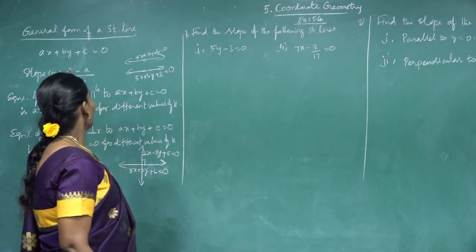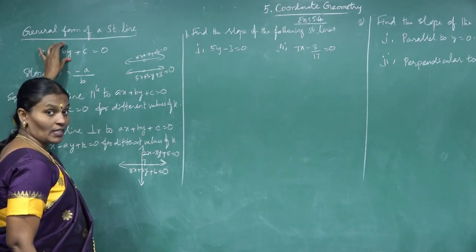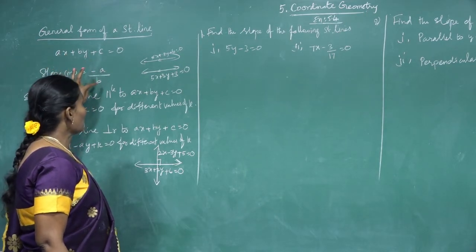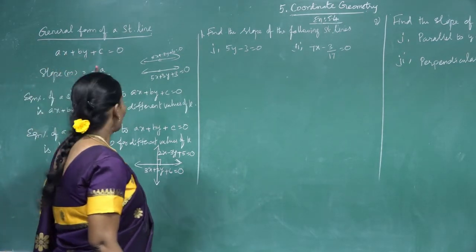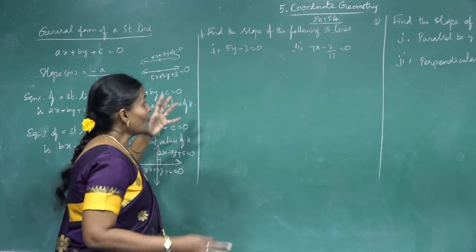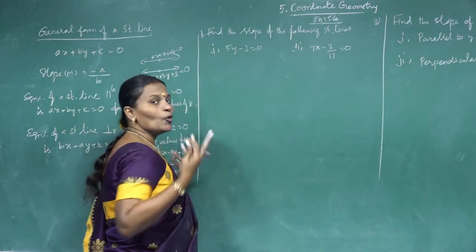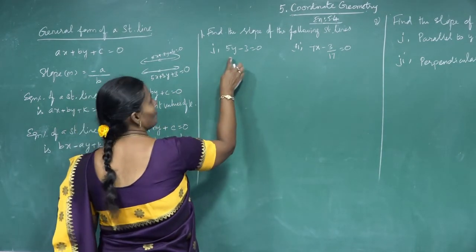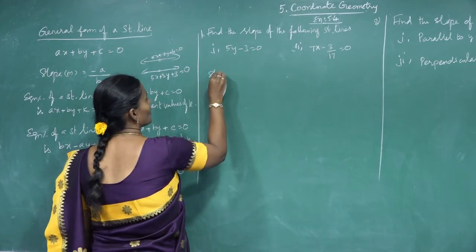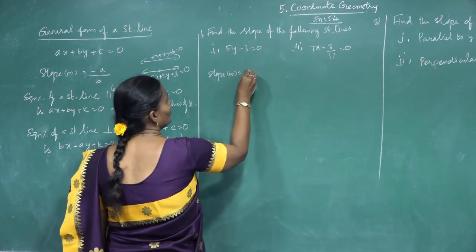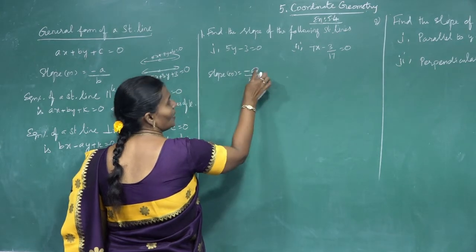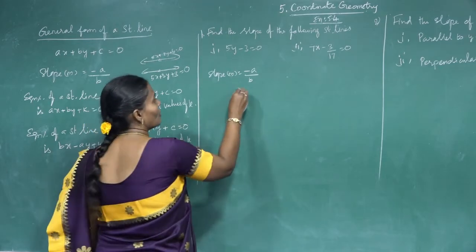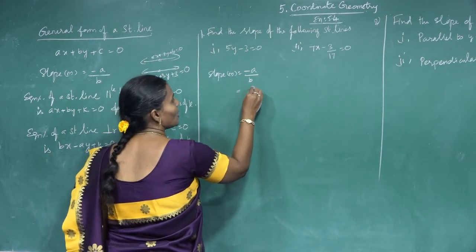You already know, if the straight line equation is given, the slope formula is m is equal to minus a by b. What is a here? a is the coefficient of x. But here there is no x term, so the coefficient of x is 0.